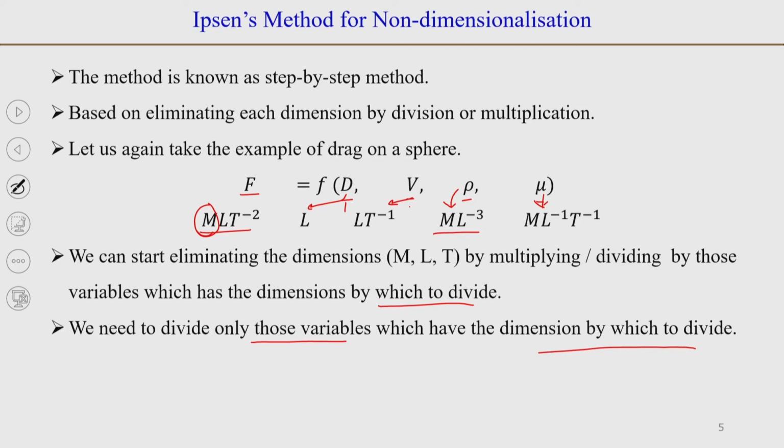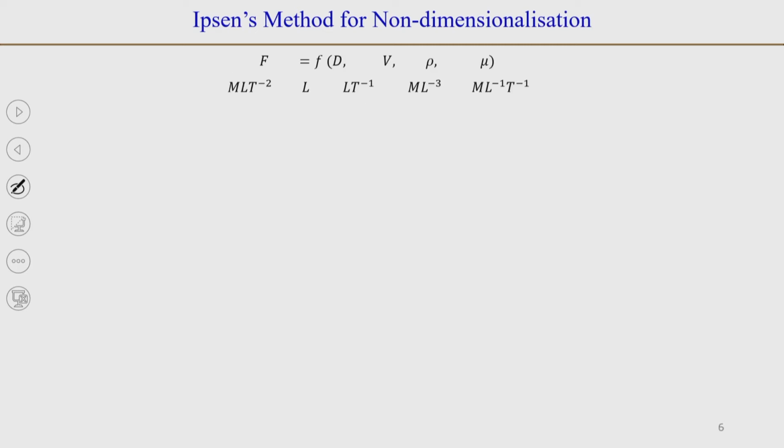So, basically this is one step ahead of inspection. It puts a sequence to the division by inspection, or forming dimensionless groups by looking at the dimensions only. So, if you write down this problem, let us try to solve it.